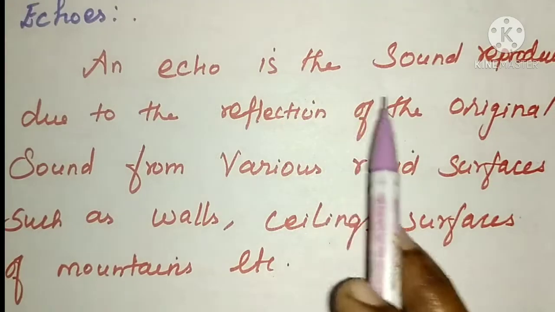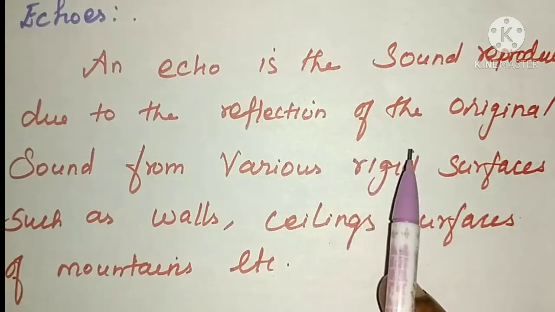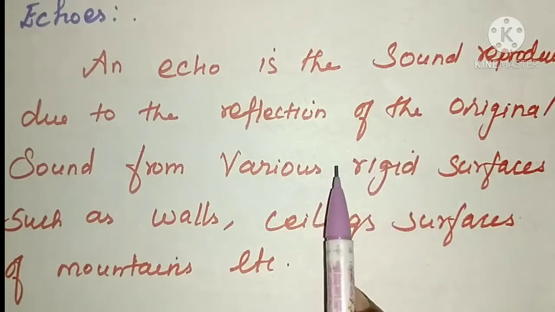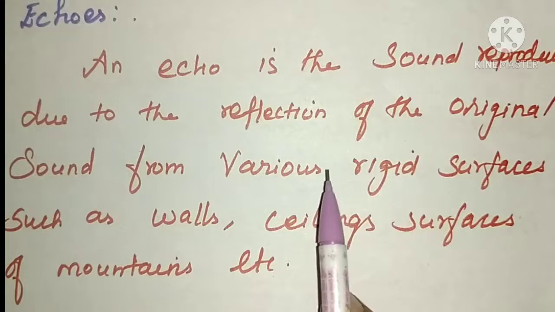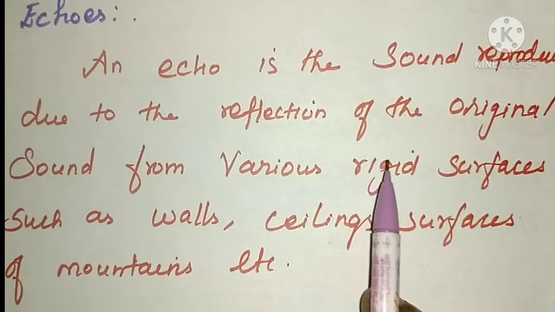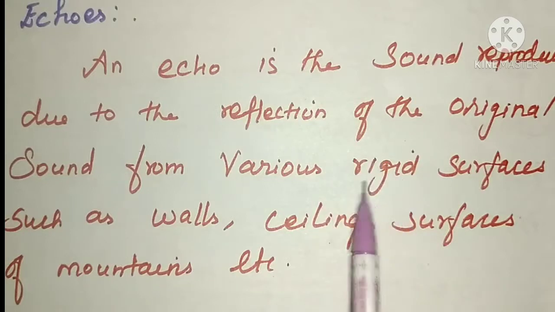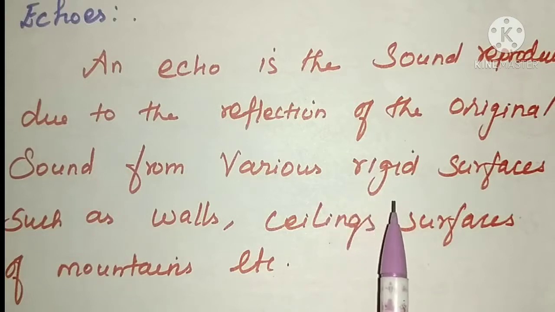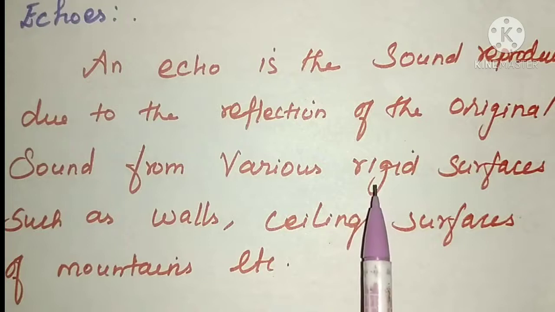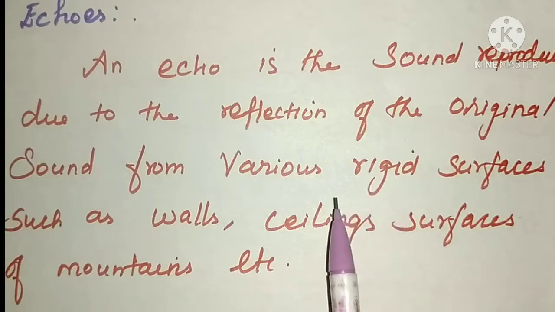So, echo is the sound reproduced due to the reflection of original sound. Okay. Whatever sound we are speaking, that sound will be reflected back from the rigid surfaces. If you are standing in front of the mountain and speaking something, your sound will be reflected from the surface of the mountain and you are getting that sound back. Okay. That is called the echo.